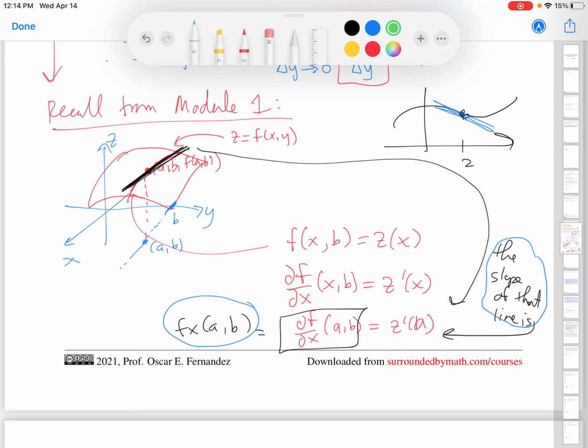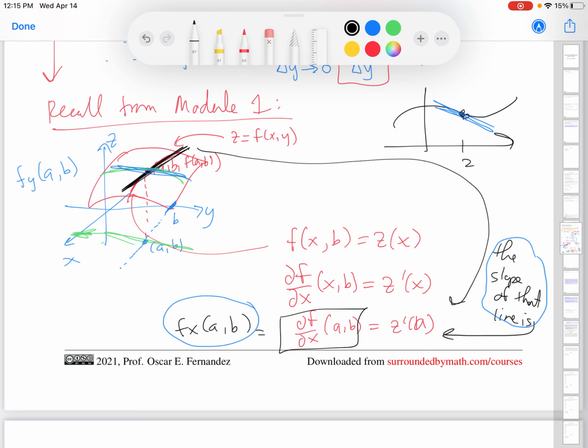Of course, here, on the surface on the left, I could have instead looked at x equals a, and that would have generated this curve, and then that generates its own tangent line. I'll draw that maybe in blue. That's a different tangent line. That would be the interpretation for the partial derivative with respect to y, giving us information about fy of (a, b).